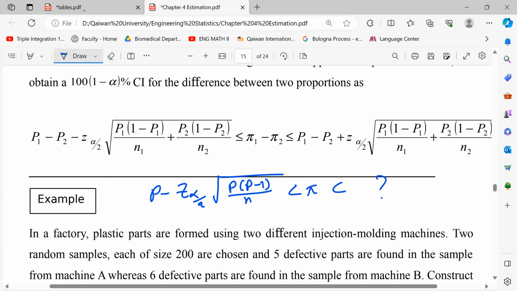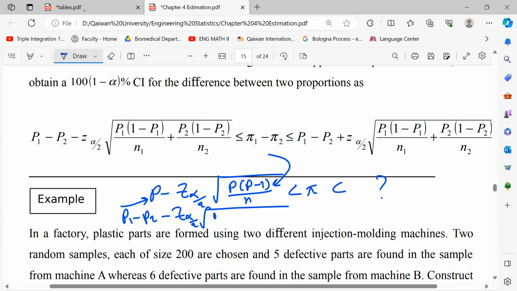What if we have the difference of two population proportions? Difference of the proportions means P becomes P1 minus P2. As we have two proportions, it becomes P1 minus P2. Z is still the same. Then the square root, this is for one population proportion. How about two?